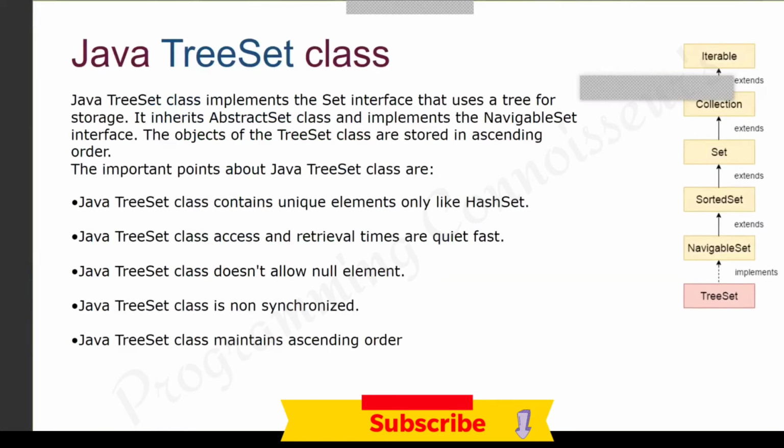That's why whenever you are inserting the data, it will sort and keep it. Whenever you print the data, it will give you ascending order. In order to go for a descending order, we will go to an iterator.